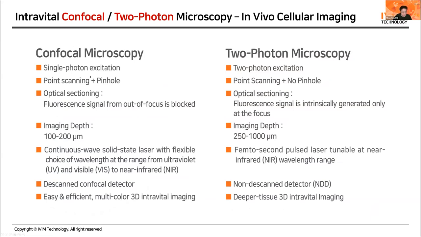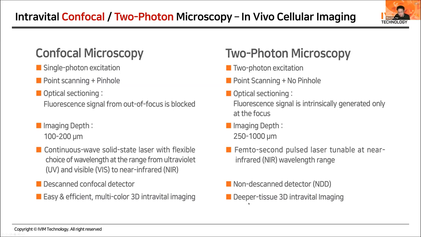But this confocal imaging mode is very easy and efficient for multicolor 3D intravital imaging of various tissues and organs. In comparison, the two-photon imaging mode utilizes the two-photon excitation principle, and its imaging depth is a little further, several hundred micrometers in various tissues and organs.